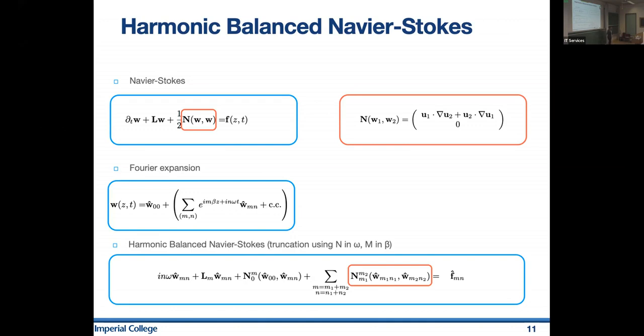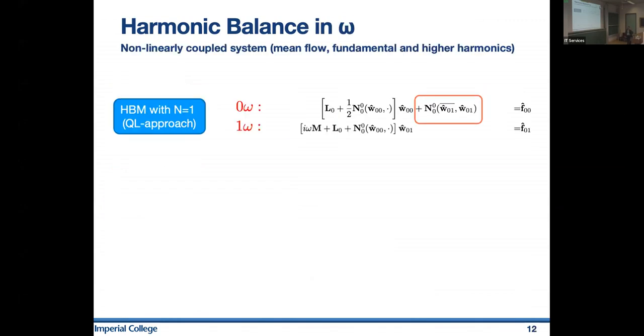Another way to call it is Fourier-Galerkin expansion. So this gives me a set of coupled equations that nonlinearly talk to each other depending on the number of truncated frequencies. So this equation is a bit difficult to understand. So I will show you just a few examples now of how this works. Let's assume that I'm only in the time domain. I have my mean flow equation on the top.